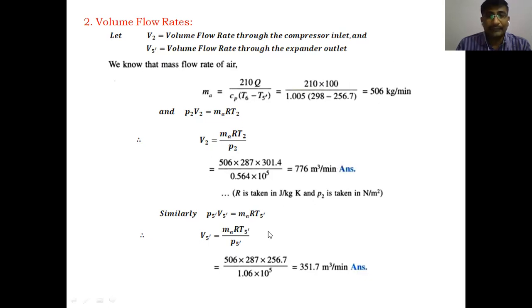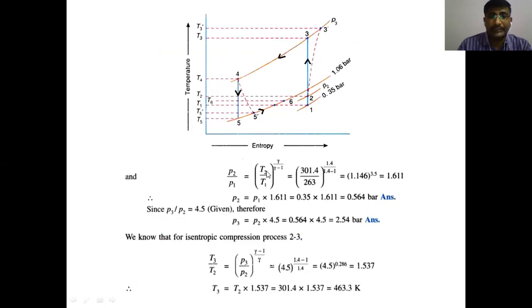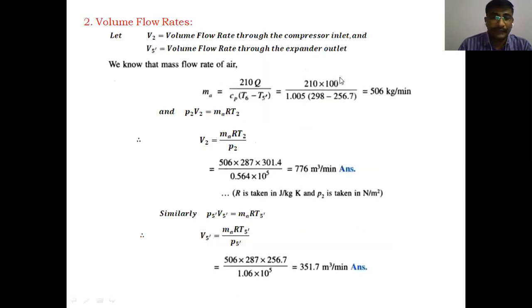So MA is 506 kg per minute, into R, the gas constant for air, 287, and the temperature after expansion in the turbine is 256.7 kelvins, divided by the pressure of the cabin. The air is expanded up to the cabin pressure P5', which is 1.06 into 10 to the power of 5 newtons per meter square. That is, the pressure of the cabin is given as 1.06 bar.